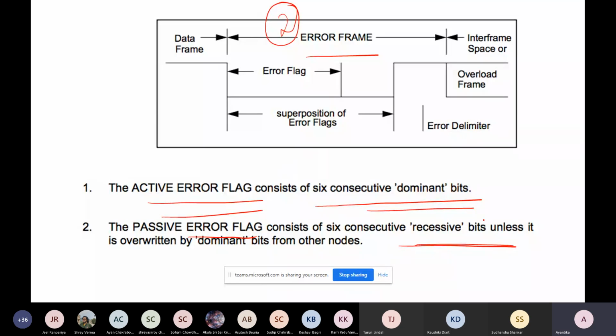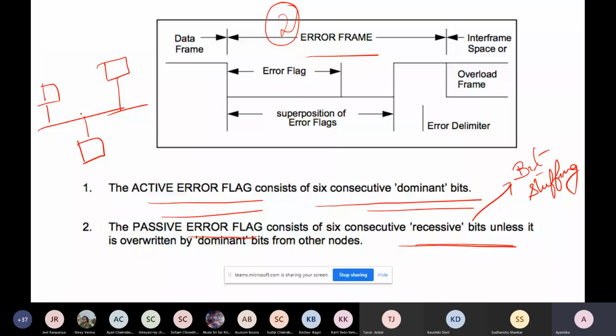Now, when CAN was initially proposed, this type of 6 consecutive dominant or recessive bits was allowed. But later on, there was a concept of bit stuffing in CAN. Bit stuffing means, think of multiple CAN nodes like this, sending these types of data frames.